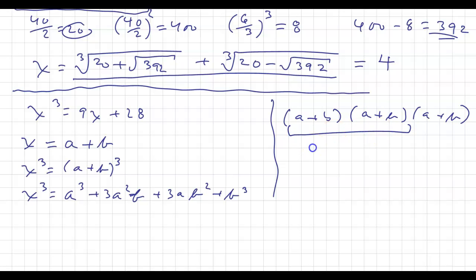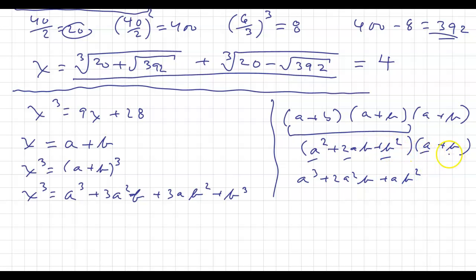But you probably know that (a plus b) times (a plus b) is a squared plus 2ab plus b squared. Then you multiply that times (a plus b). You can first multiply all three of these terms by a. Then multiply all three of these terms by b.